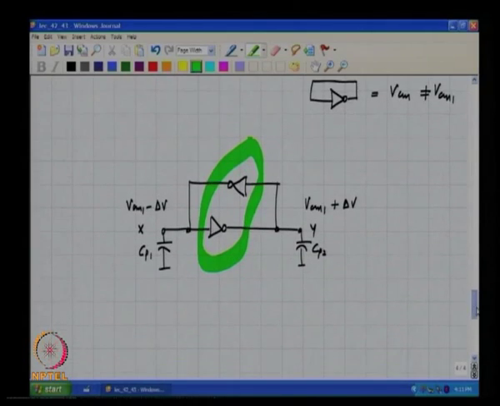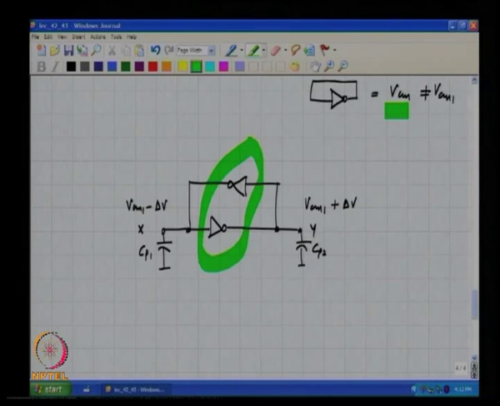If Vcm1 was exactly equal to the trip point Vcm, what happens? The currents that each inverter would pump would be Gm times delta V and Gm times delta V in the right directions, right.